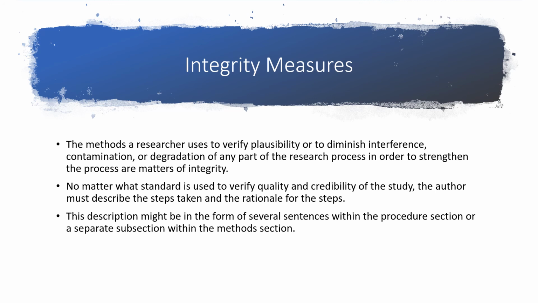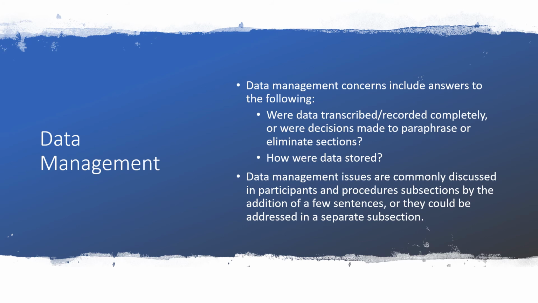But those kinds of studies require more discussion of how statistical data was treated to ensure integrity, whereas some other kinds of studies might require just a couple of sentences in the procedures to say, this is what I did and this is how it preserved the integrity of my research.